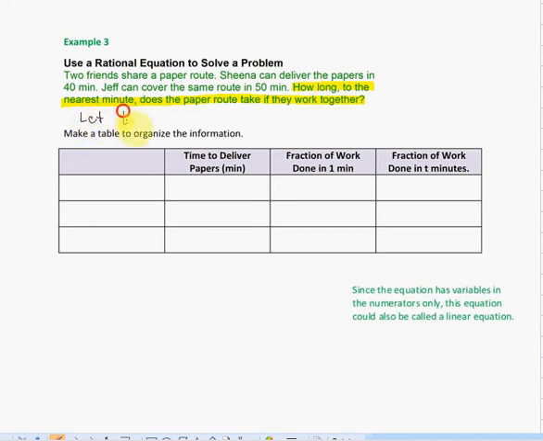So let, and we use t for time, so we're going to let t be the time it takes for them to do the route together.